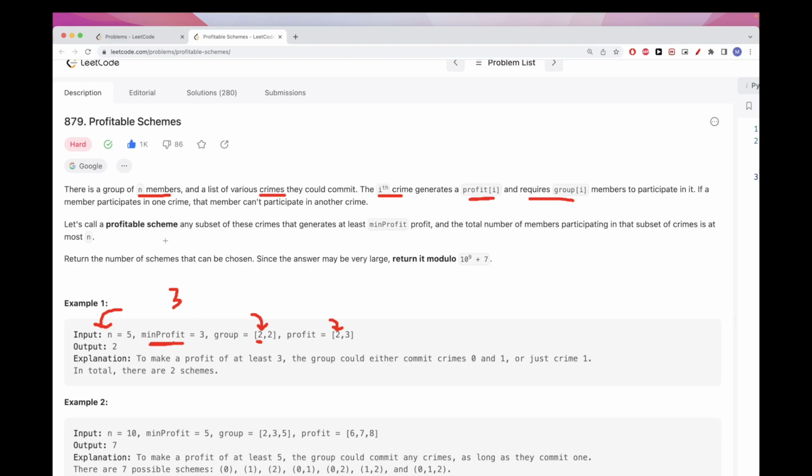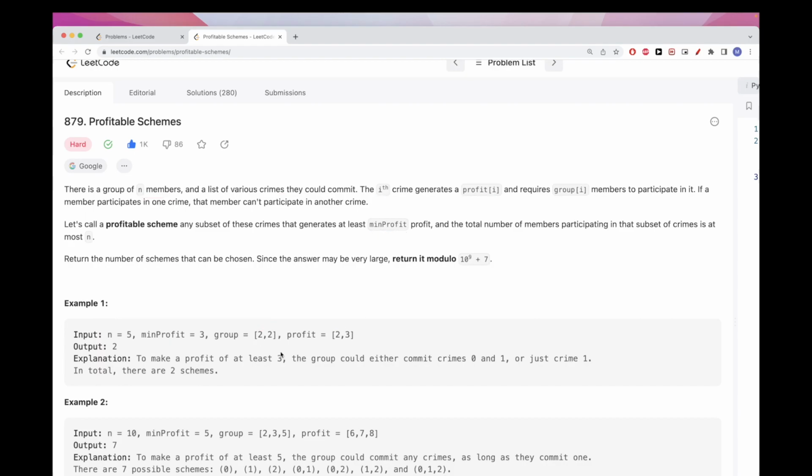So a profitable scheme is a subset of the crimes where the sum of the profit is bigger or equal to the minimum profit, but also the total number of members participating in that subset of crimes is at most n, which is what I said earlier: a member can't commit 2 crimes, so you'd have to subtract it completely. And so the goal of the problem is to return the number of schemes that we can have, and then we use this modulo. Okay, so that's the idea here.